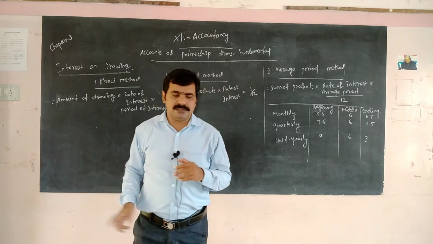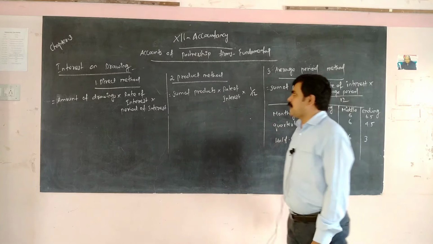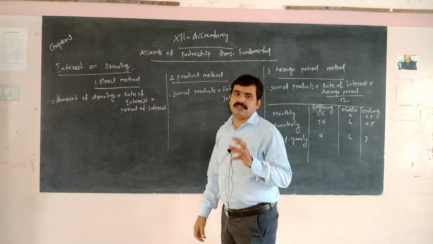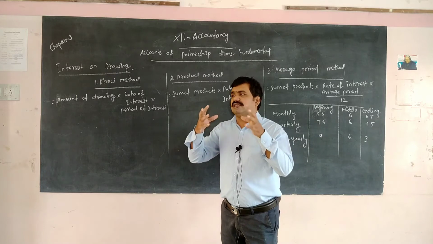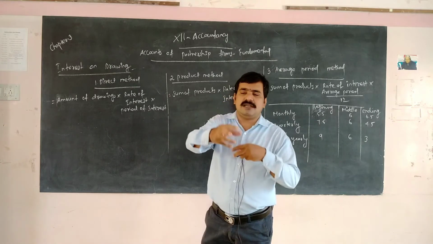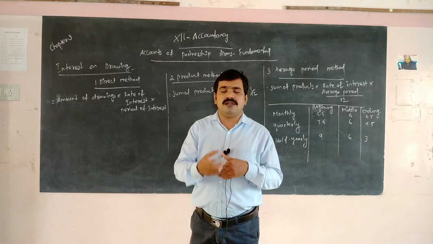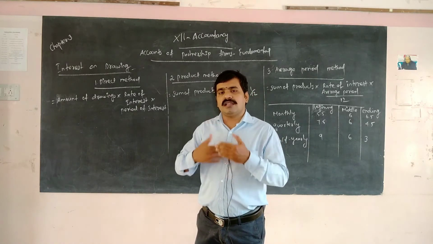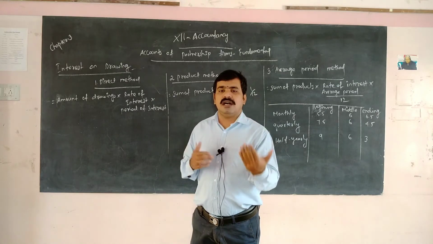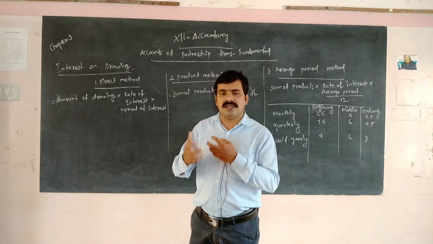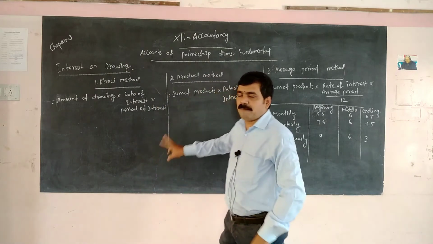The direct method is done. Next one is the product method. In the product method, the sum of products means you take all the withdrawals, for example a withdrawal on 1st April, on 2nd April, on 4th April. You calculate on the basis of the date, for example July to December, September to December. The total of these is the sum of products.